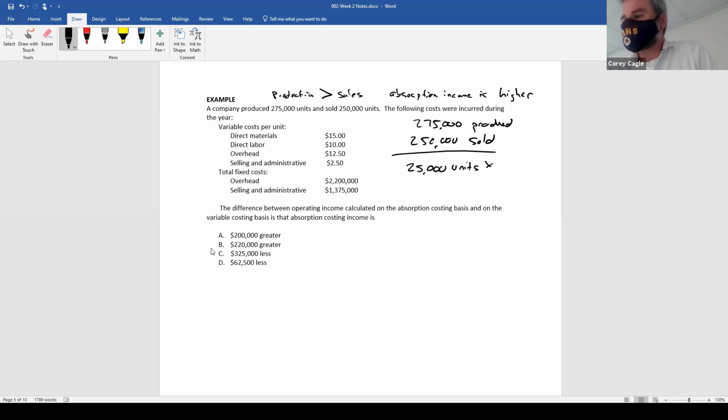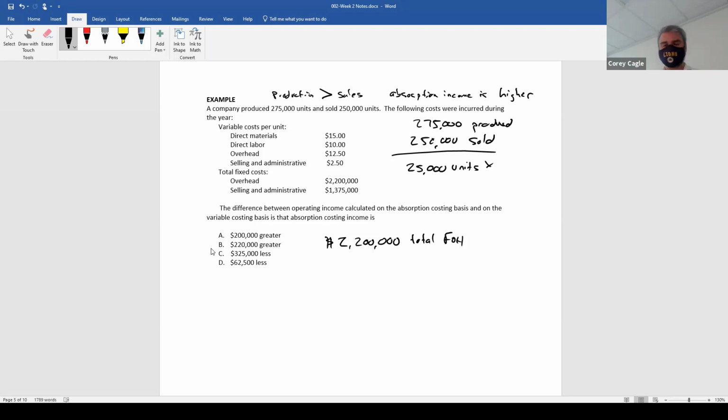So these are our variable costs. We don't care about any of that. Here's our fixed overhead, 2.2 million. So we've got to figure that out per unit. Fixed overhead, and we'll divide that by, what do y'all think? Units produced or units sold?